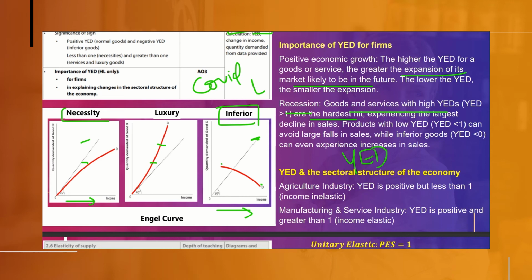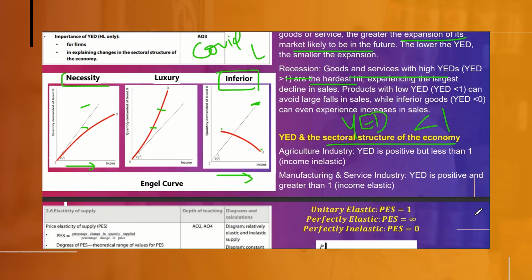Meanwhile, if the YED is less than 1, then during a recession the sales will not fall much. And then the sectoral structure of the economy. In the agriculture industry, YED is generally positive but less than 1. Income inelastic, positive but less than 1. This is the necessity thing. And in the manufacturing and service industries, YED is positive and greater than 1. So this is the difference.